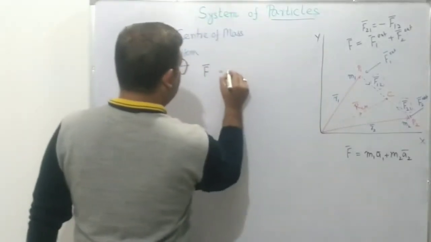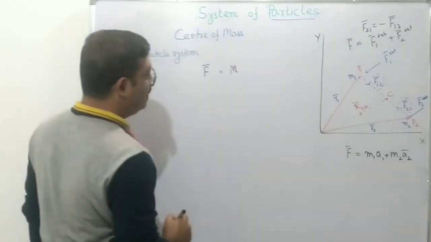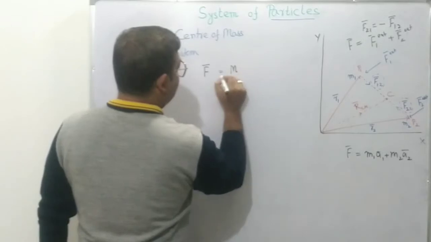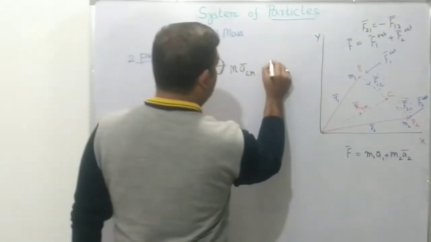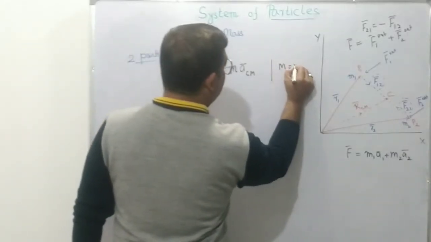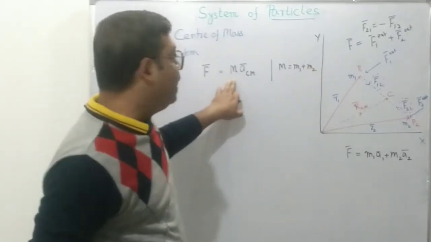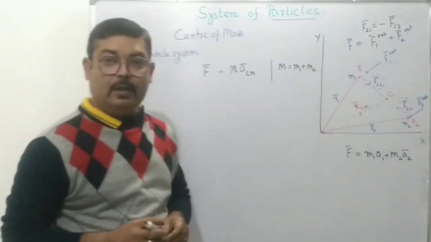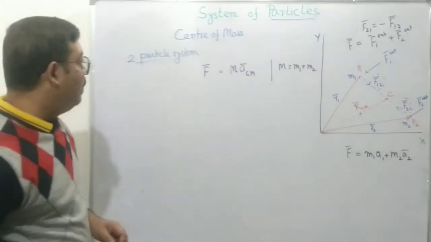So if we say the entire mass is concentrated at the center of mass, F will be m into acm, where m equals m1 plus m2, the entire mass concentrated, and acm is the acceleration of the center of mass. Fine.